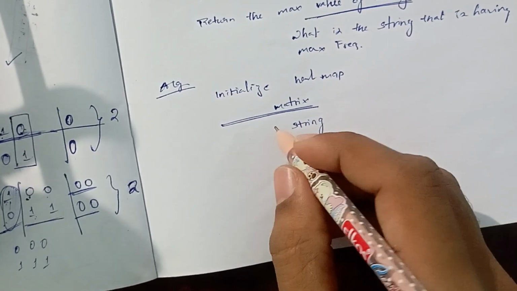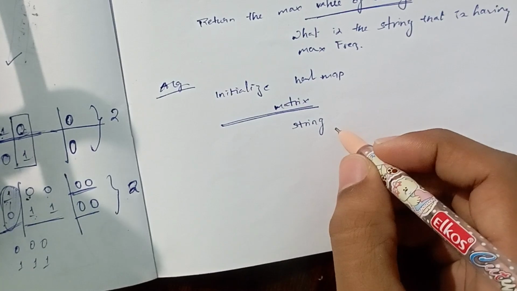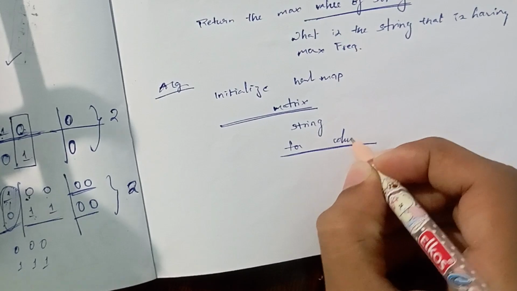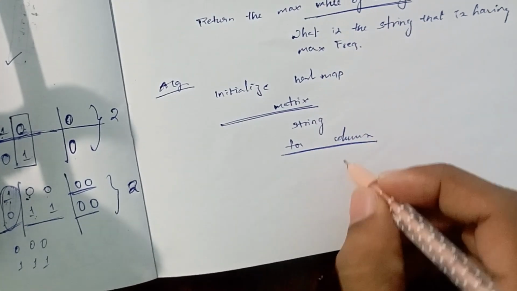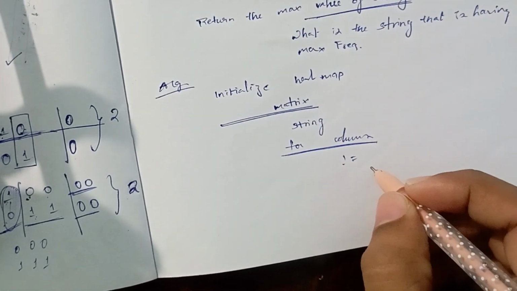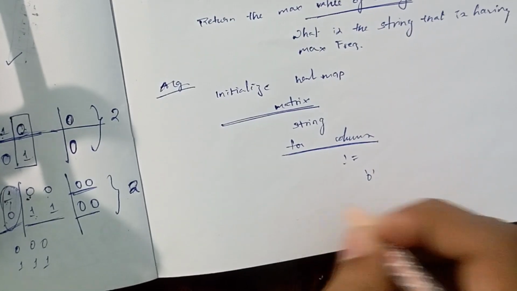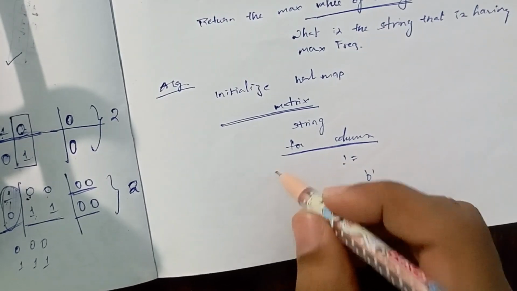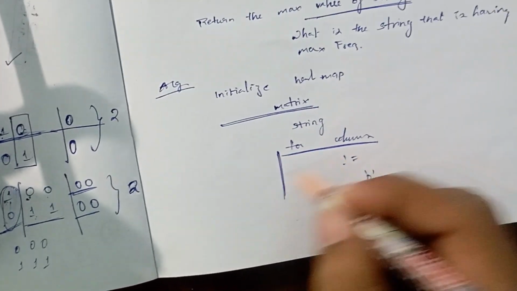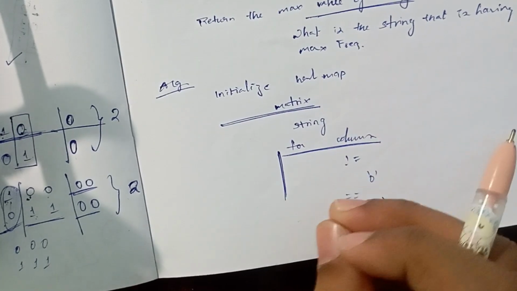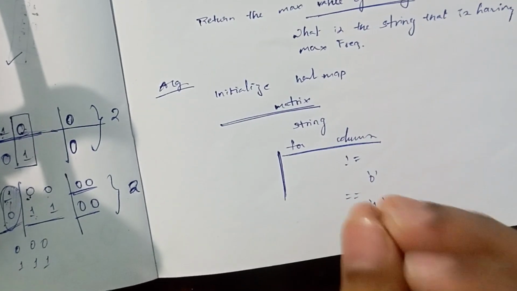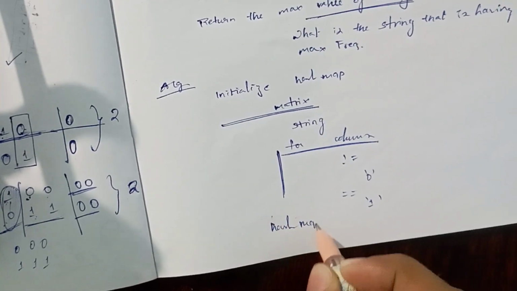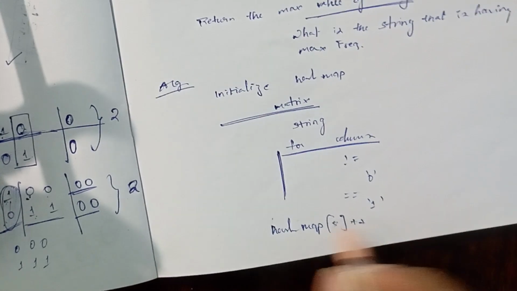For every row we need to again iterate through its columns, and if they are not equal, we need to append 0 to the string. If they both are equal, we need to append 1. And then after iterating the columns, we need to store the row string in our hash map. So the frequency of this string will be increased.